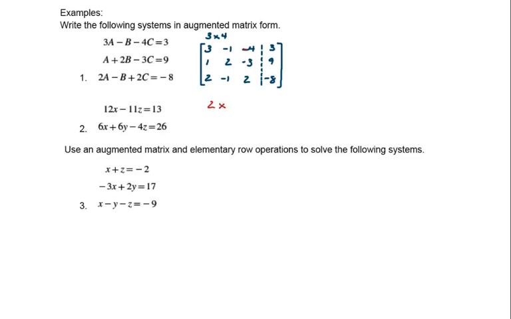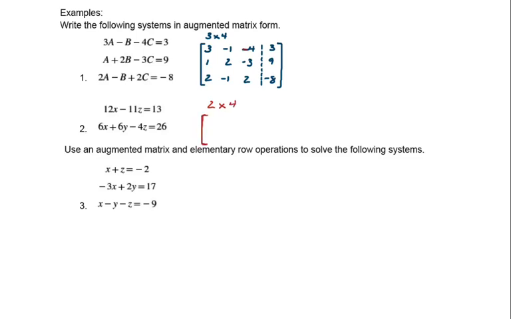For the second system, if you take a look, the first equation is 12x minus 11z equals 13. On the surface that looks like we're dealing with 2 variables, but again, if you look at the entire system, you'll see that the second equation has a y variable. So we're going to need to include a placeholder for our y variable in our first equation. And so we're going to be dealing with a 2x4 matrix, 2 rows, 4 columns.